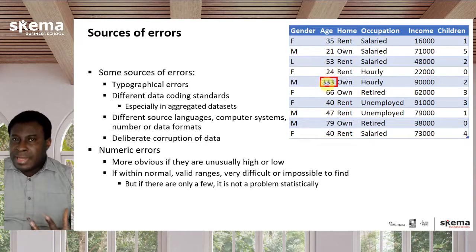That's the negative side. It's very hard to detect such normal looking errors. On the positive side, it really doesn't matter because numeric analyses are usually done on averages.